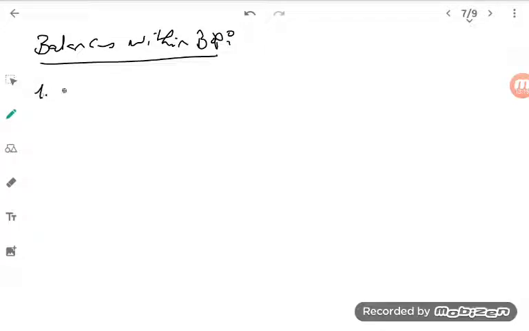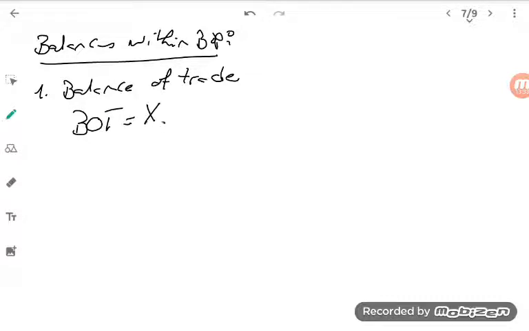What are the balances within the balance of payments? Number 1, balance of trade. BOT stands for balance of trade, and it's calculated as export of goods minus imports of goods.